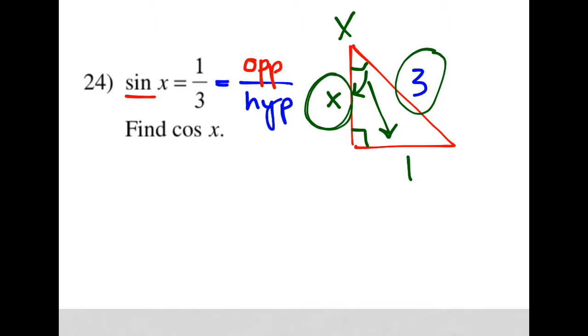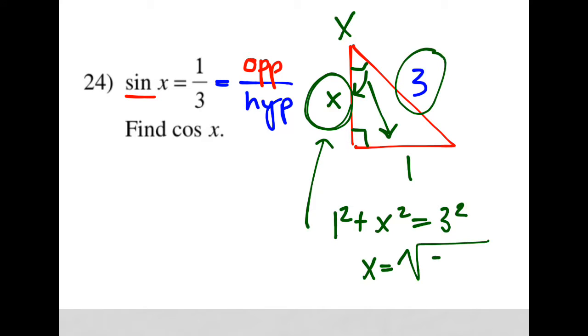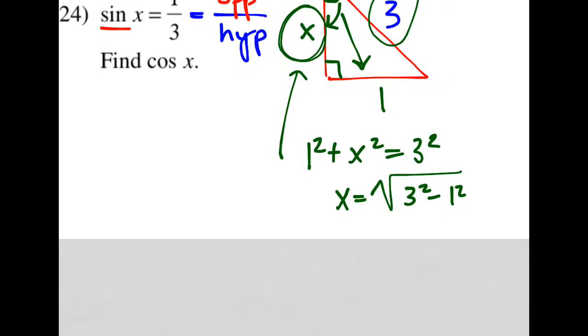All right, so we would have to use the Pythagorean theorem to find this missing side length here, and we could say that 1 squared plus x squared is equal to 3 squared. a squared plus b squared equals c squared. Okay, so x is equal to the square root of 3 squared minus 1 squared, or x is equal to the square root of 9 minus 1, or the square root of 8.